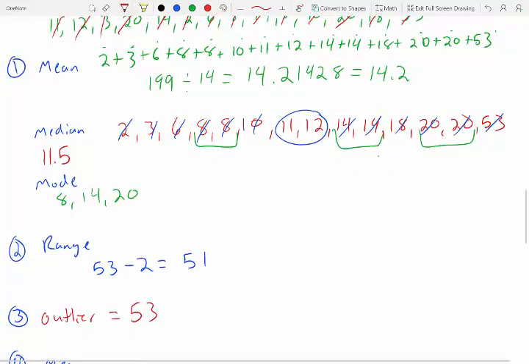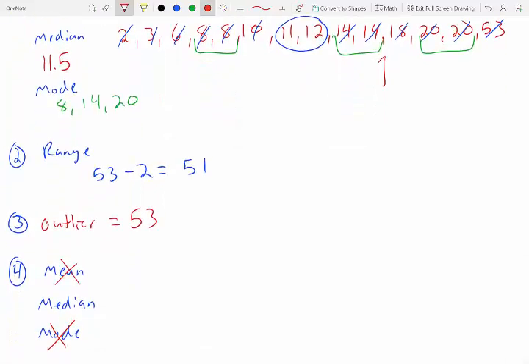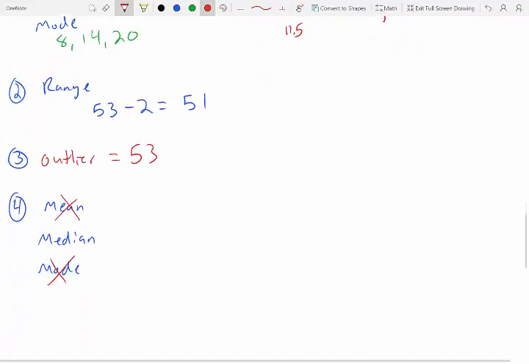That ends me somewhere about here. It's not really what we want. That's more towards the higher side. So if we have an outlier, it messes with the mean. So we cross that off. Let's look at the median. Median was 11.5, so that happened to be right in the middle. So our measure of central tendency that best describes this data set would be the median.